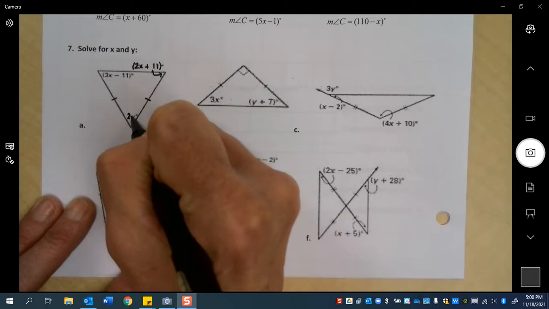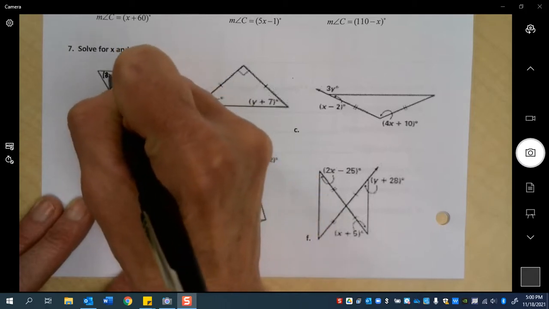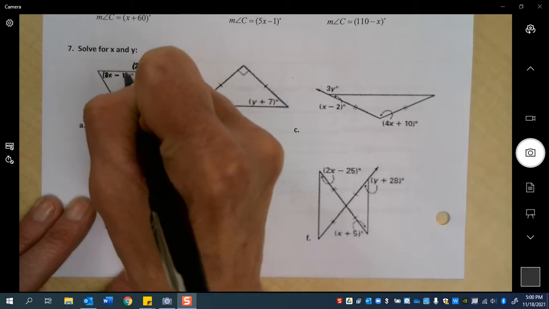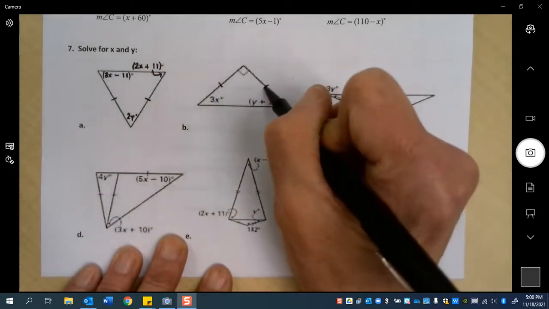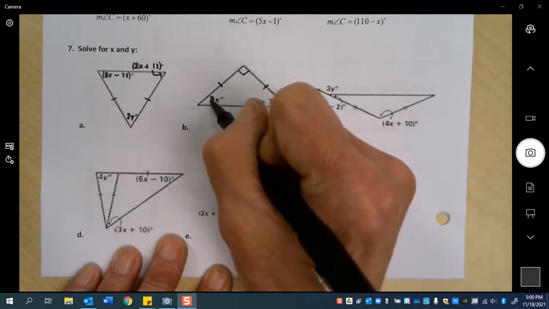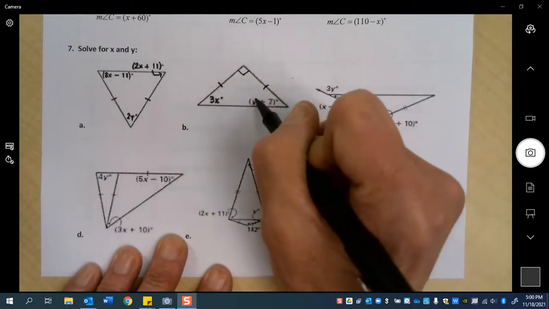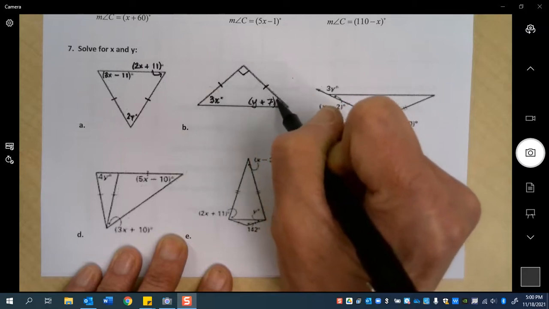This is 2y degrees, and this is 3x minus 11.